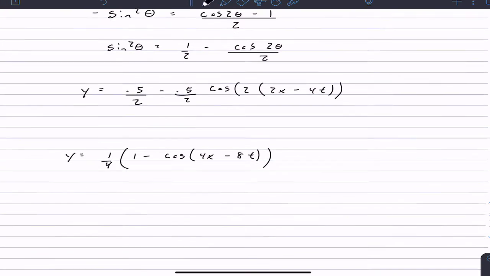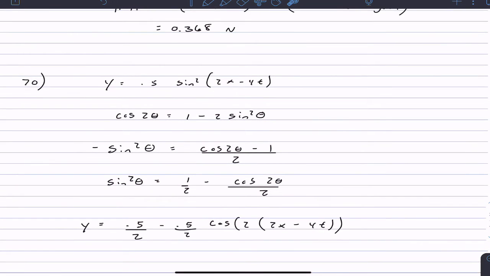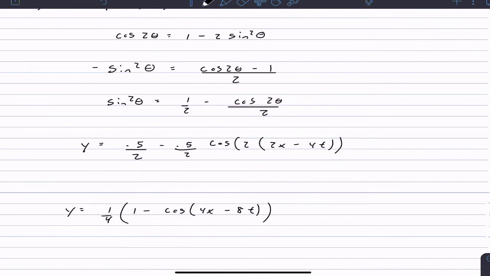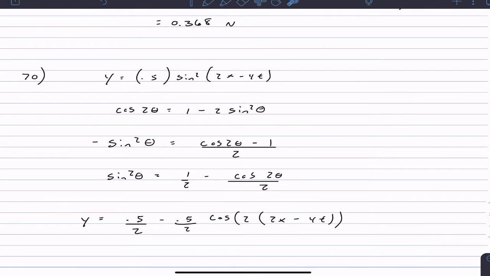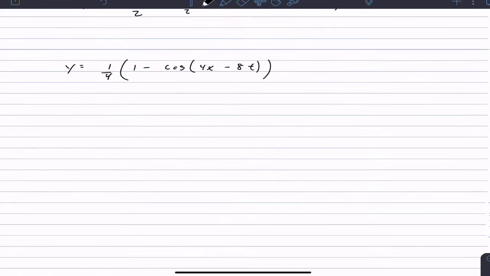So amplitude is just going to be, similarly to how we had this coefficient out front here, 0.5, in front of this function, pretty much the same thing. It's this coefficient in front of this function, because we used this identity to simplify in terms of cosine, something we can actually use.